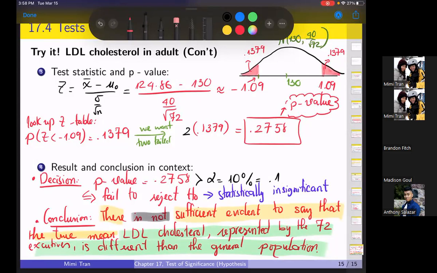Standard deviation is 40 divided by the square root of 72. Lower tail, I'm going to say true. And what I'm going to do is double it, so multiply the whole thing by 2. Yay, we got the same thing. So it's good, 27.77 something.